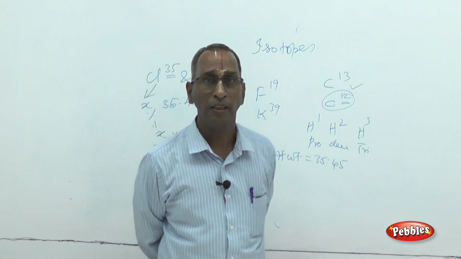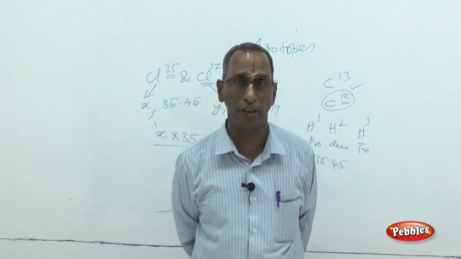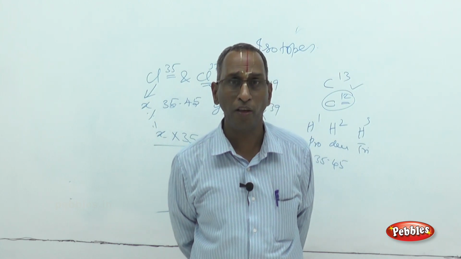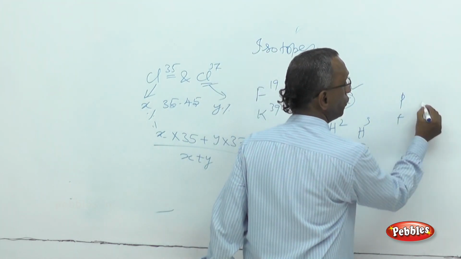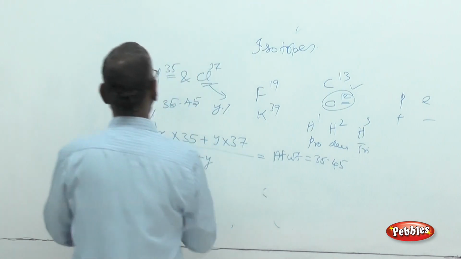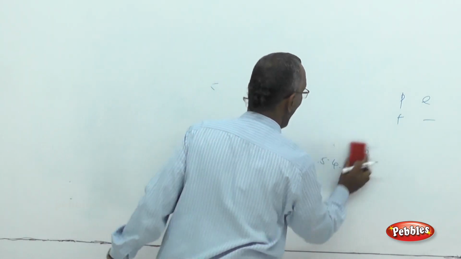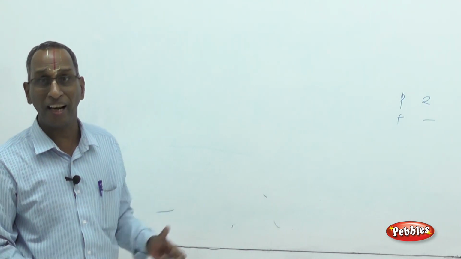We have seen that the atom is composed of three important subatomic particles. The central region is the nucleus, composed of protons and neutrons, surrounding which electrons are there. Already we have seen that protons are positively charged and electrons are negatively charged. We know that like charges repel each other and unlike charges attract each other.